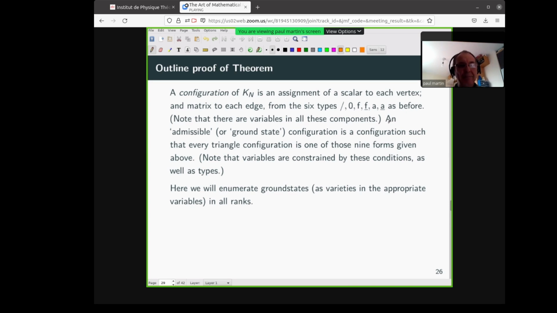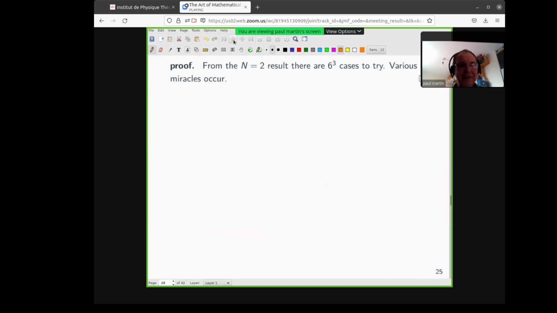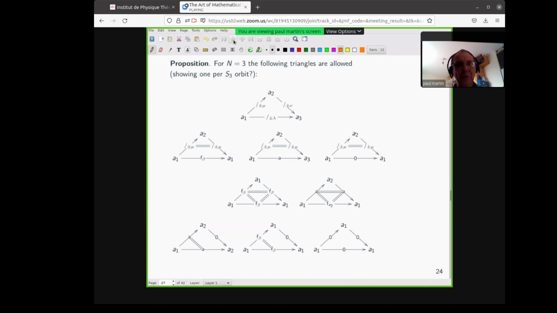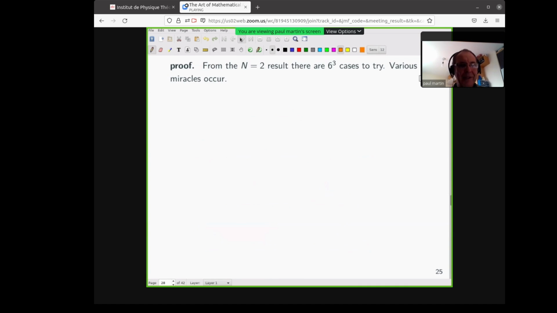And then an admissible configuration is going to be a configuration such that every triangle configuration is one of those 9 forms given above. This is another one of those points where you're confronted with K10 and those 9 plaquette constraint rules, and maybe you feel like going home at that point.